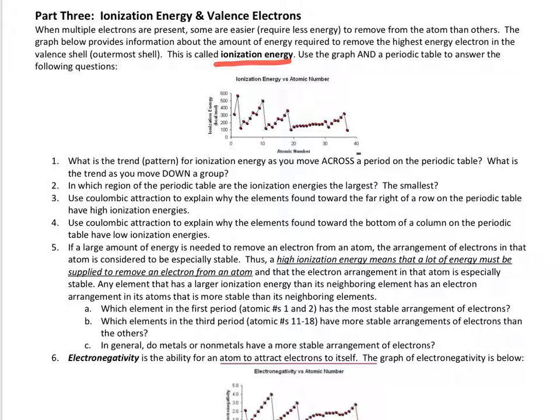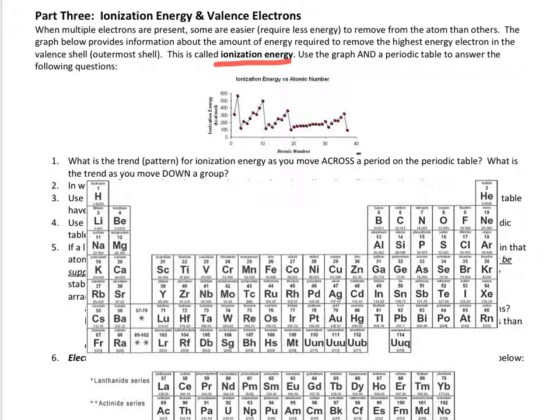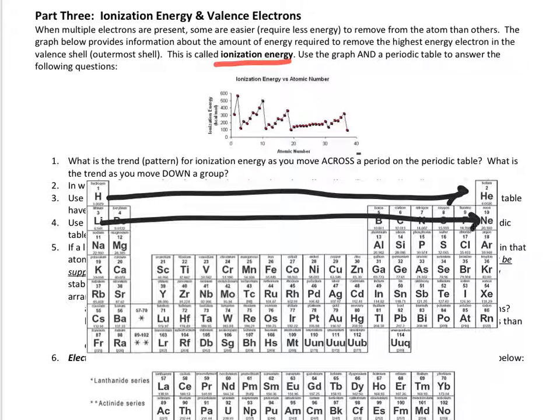All right, so to figure out the across trend, you have to figure out what atomic numbers we need to investigate. Okay, so let's take a look at the periodic table. If we are talking about going across a period, that means from 1 to 2 or from 3 over to 10.